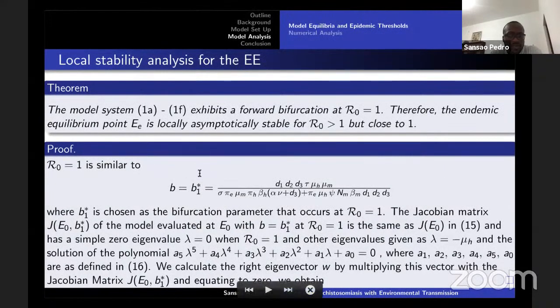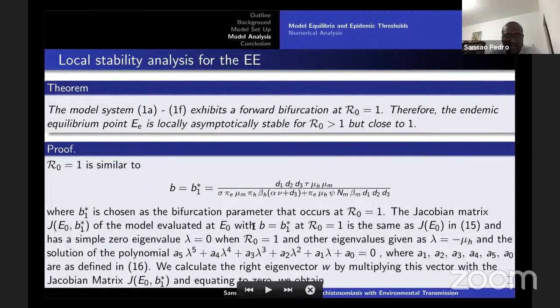Then we discuss the stability of the endemic equilibrium. What we did here, we used the center manifold theory, through using forward bifurcation to decide on the stability of the endemic equilibrium point when R naught is greater than 1, but very close to 1.